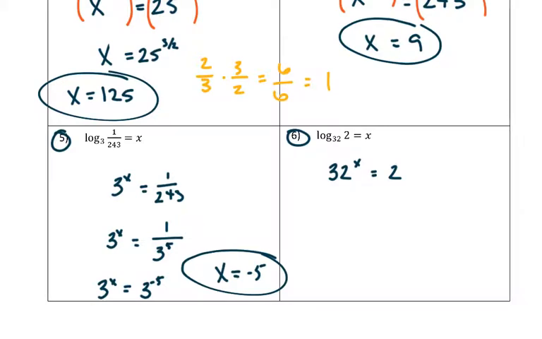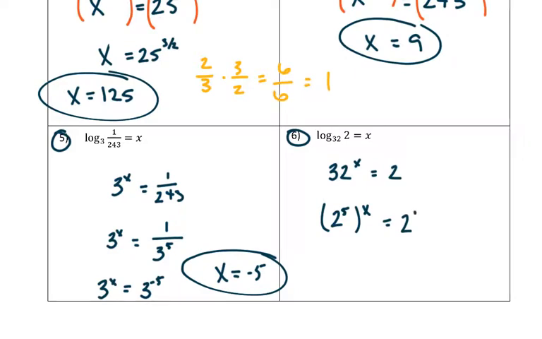We need 32 and 2 written with the same base. So look at your powers chart. How can you write 32 and 2 with the same base? You're going to use a base of 2. So 2 to what power gets you 32? 2 to the 5th power. So we have that is equal to 2 to the 1st.